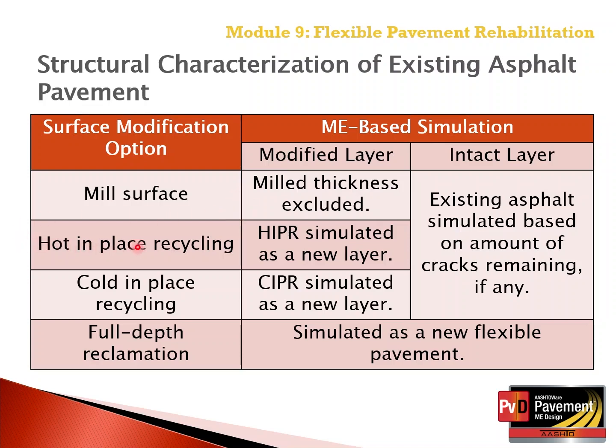Another is the hot in place recycling, and that is simulated as a new asphalt layer. The cold in place recycling is also simulated as a new asphalt layer if it is designed as a dense graded asphalt layer. And then full depth reclamation is simulated as a new flexible pavement.